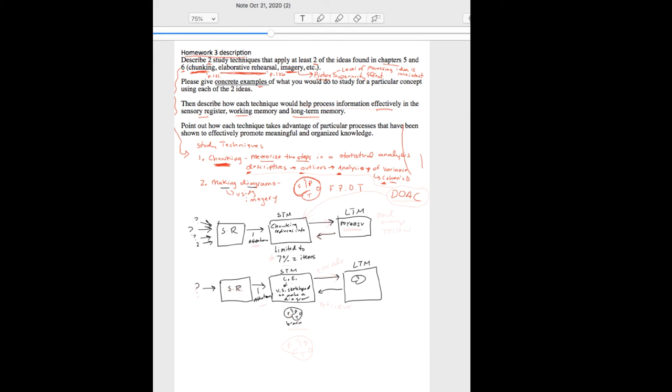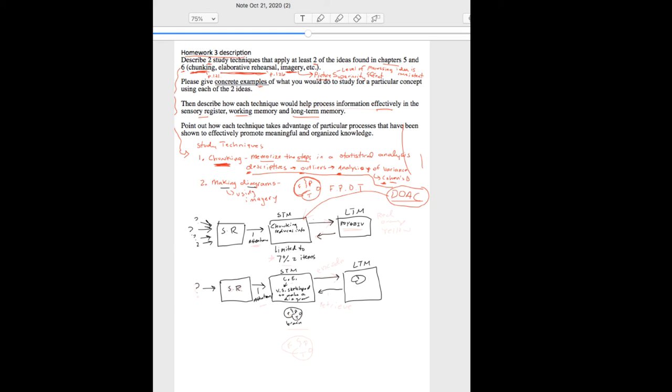Then I can maybe create a sentence, or just make a nonsense word called DOAC. In that case, I'm just condensing this long description here into a much smaller piece of information.